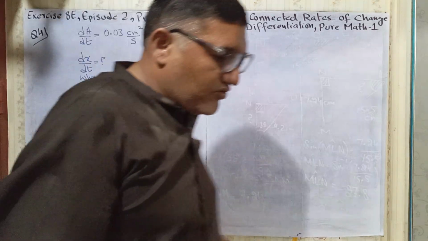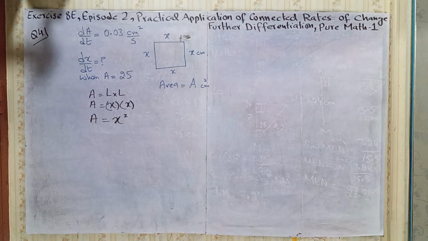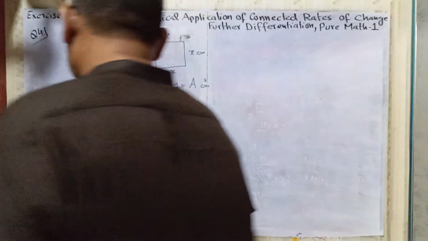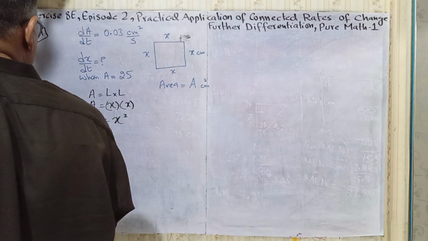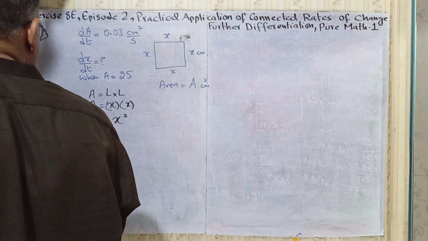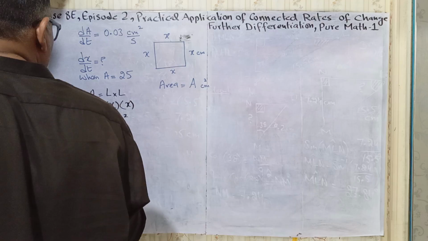This is the formula which relates the area and the side x of a square. Now I will differentiate both sides. So you will have dA by dx equals 2x.